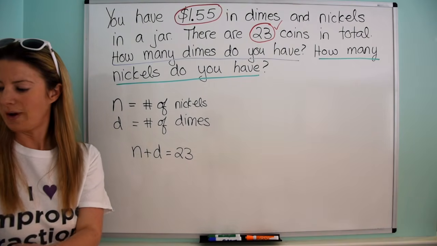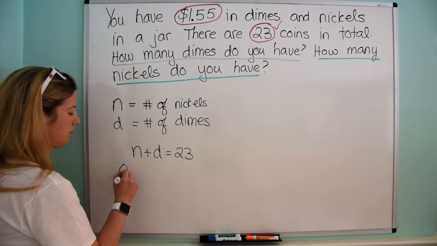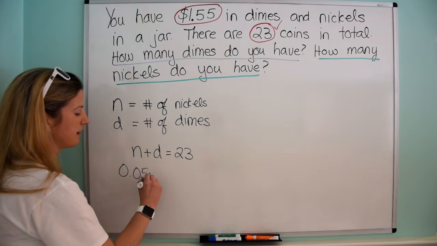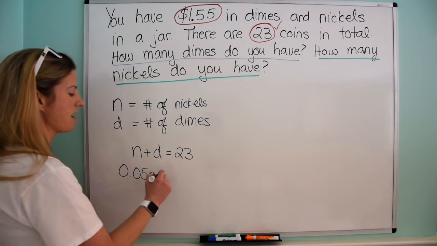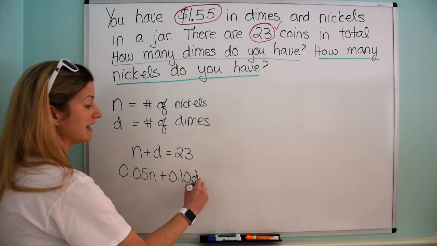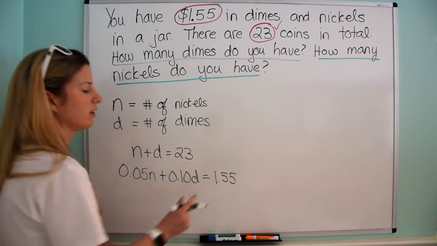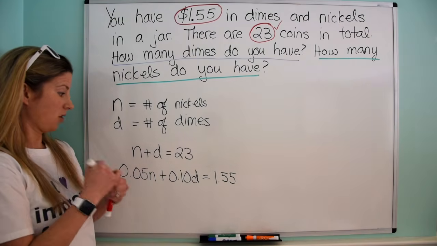Okay. So again, if I say I've got 0.05 times the number of nickels that I have, plus 0.10 times the number of dimes that I have, that's going to give me the total value of the coins.